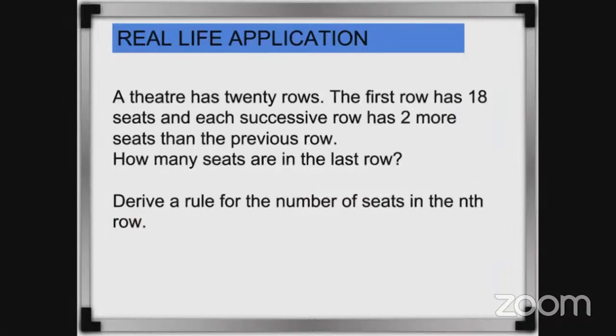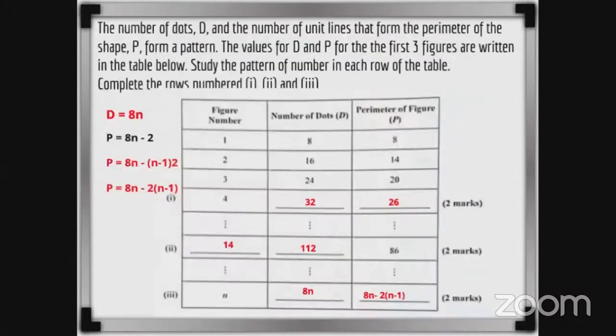Okay. So while you were trying to simplify the formula 8n minus 2, n minus 1, I was actually trying to solve the number of dots and the term, and I found a cool quirk that connects the perimeter of the figure and the number of dots.